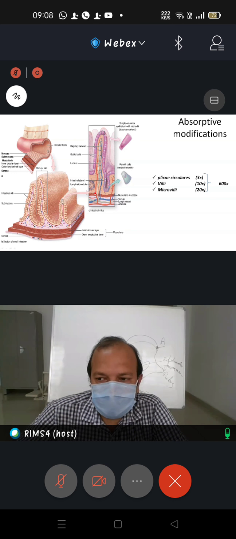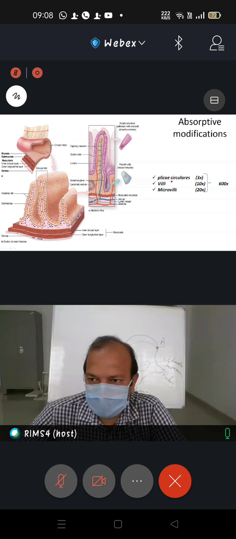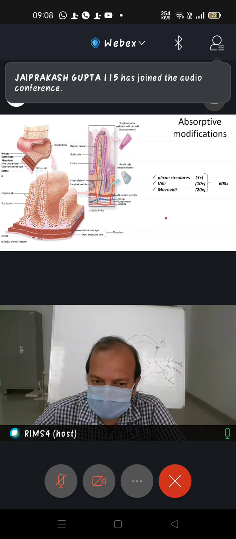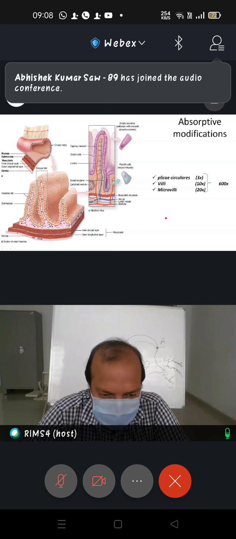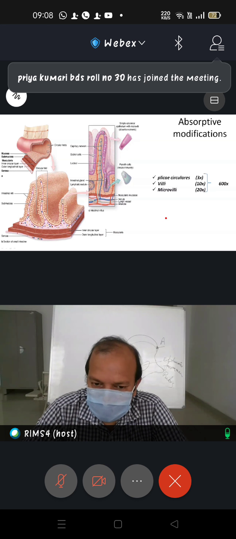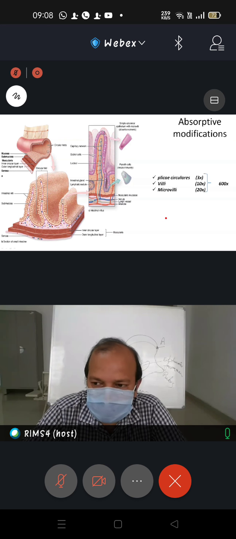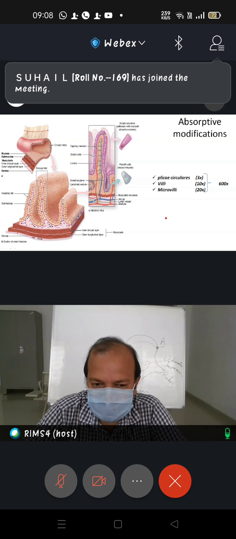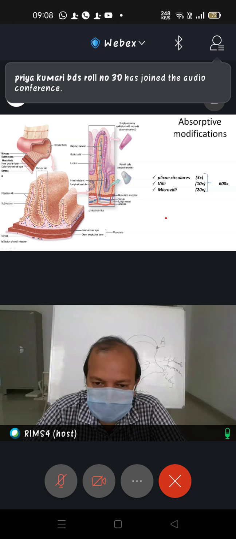So there are some absorptive modifications, and obviously they rest on a simple mechanism, that is folds. There are multiple folds, because of which the surface area altogether is increased 600 times. If it is unfolded, then it will be lesser.